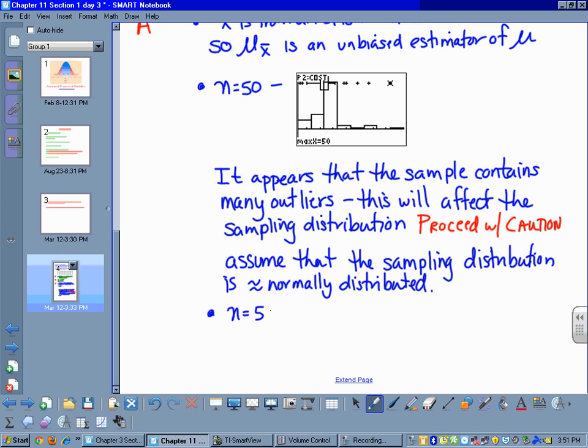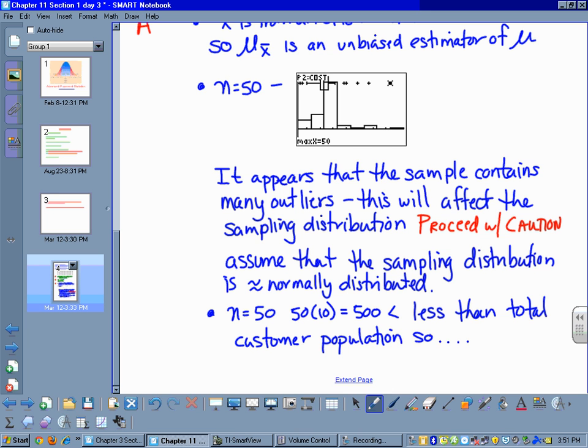Finally, n equals 50, and 50 times 10 is 500, and I think it is safe to assume that that is less than the entire customer population.